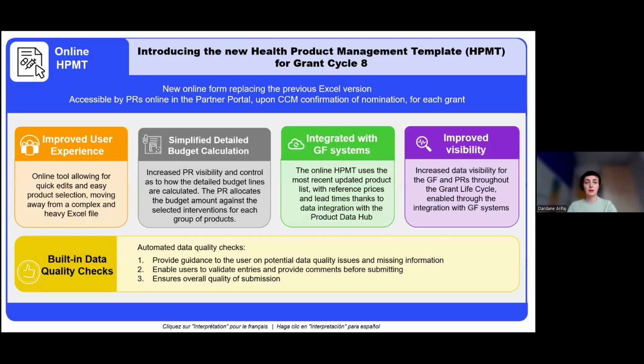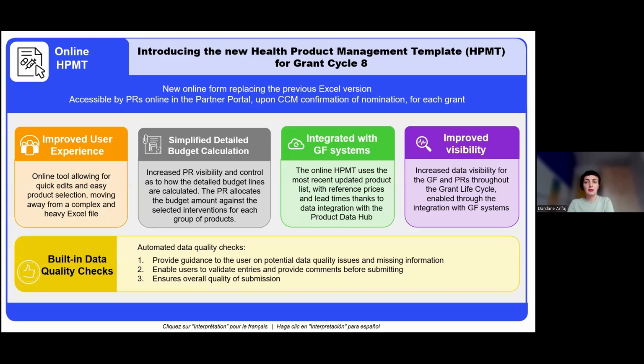And for those that are going to be the primary users, you will see that it runs very smoothly and it's very user-friendly. We also have simplified the detailed budget calculation. So now there is increased PR visibility and control as to how the detailed budget lines are calculated. It will be up to the PR to allocate the budget amount against the selected interventions for each group of products.